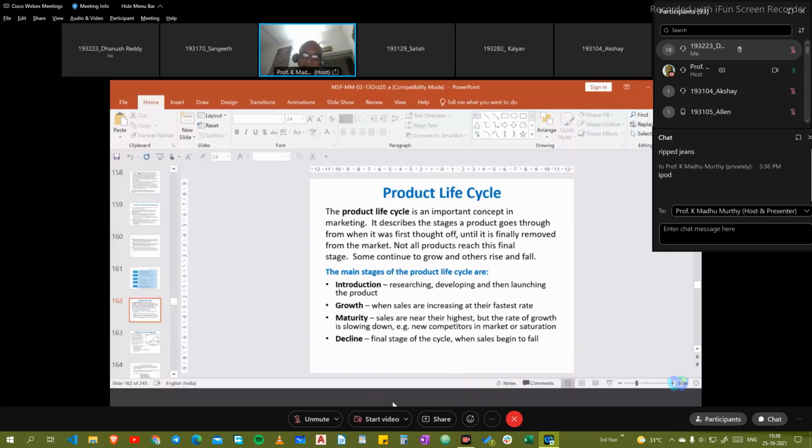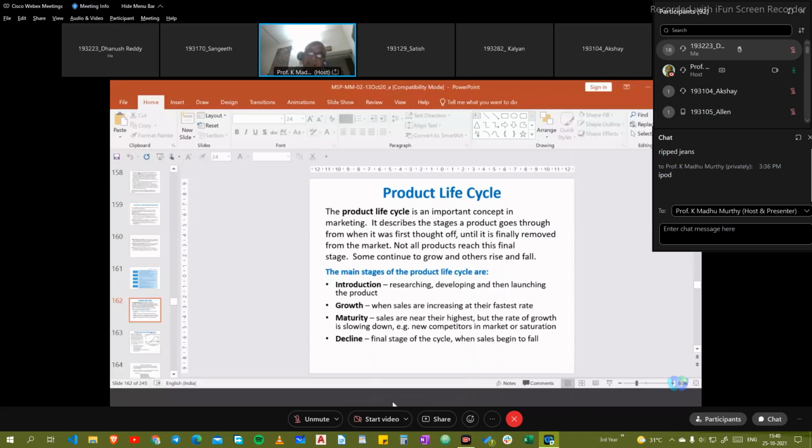After some time, the growth rate falls and it almost saturates, and that is called maturity. That means the growth rate is slowing down, as other factors come in. When I have introduced my product, it is unique, an innovative product that I have researched, designed, and launched. During the growth phase, people have seen the benefits of the product.